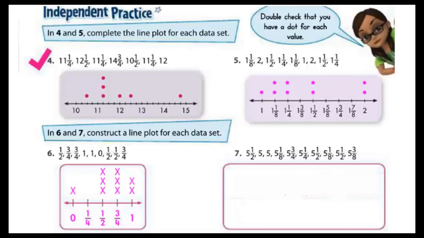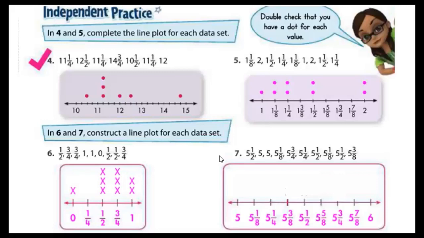Now, in question number 7, draw the number line and write the value under each dash. After arranging the values ascending, you start with the least one. The least one is 5. How many fives do we have in the statement?